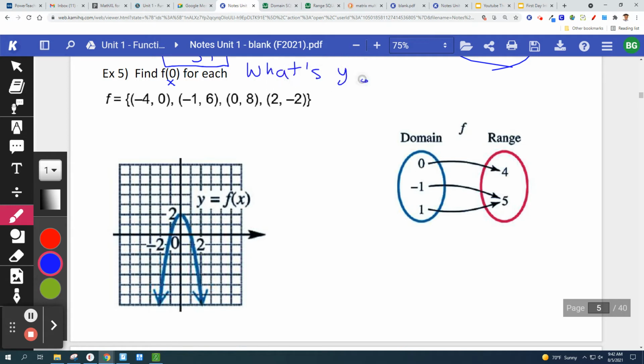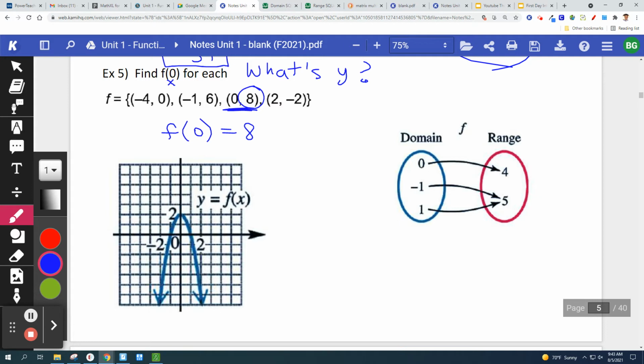That's another way of asking the question. So when x is 0, y is 8. This answer is going to be 8. So I would probably write it as f of 0 equals 8. That's not supposed to be tricky, but I know it can be confusing at times. Find the y when x is 0, all right?